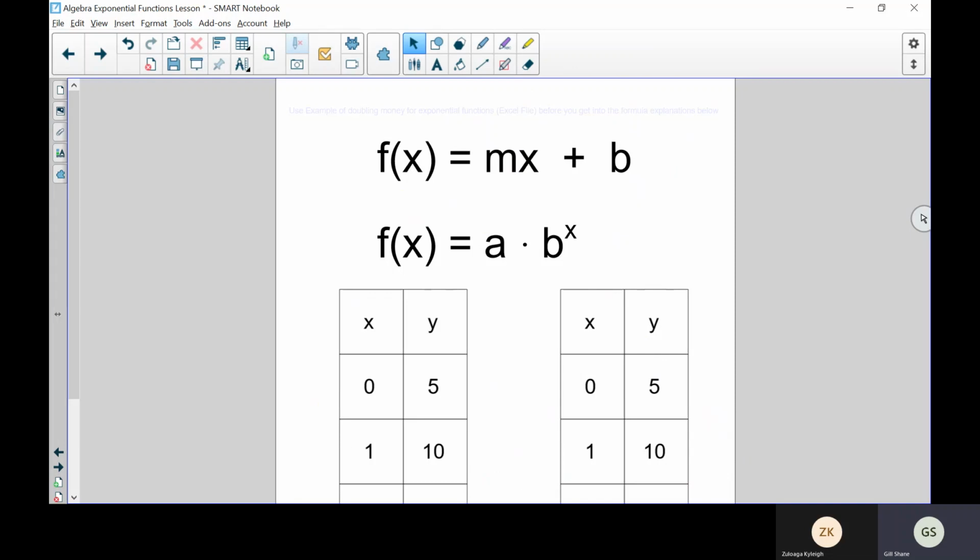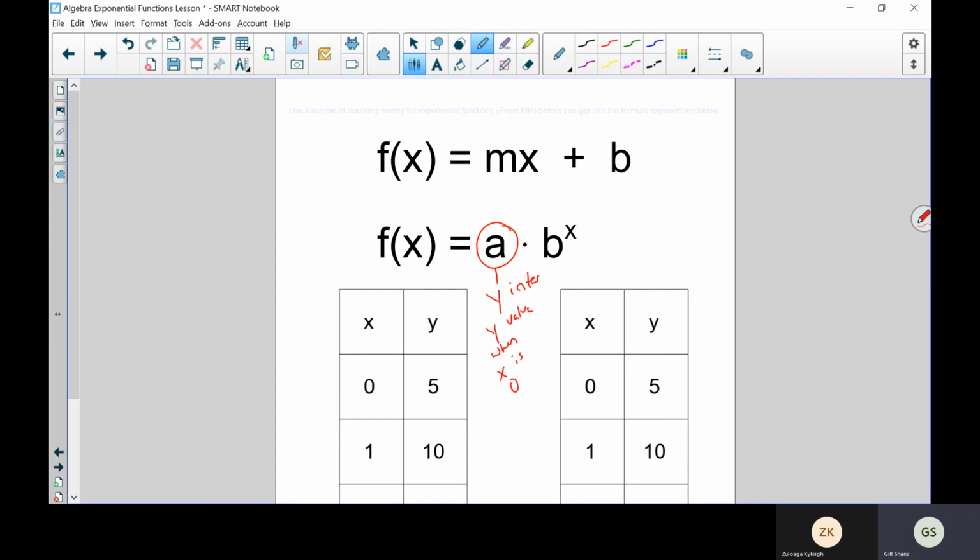So now, I don't know why they did this. In this formula, the A, for some reason, is the y-intercept. It's still, though, the y value when x is 0, so that doesn't change.